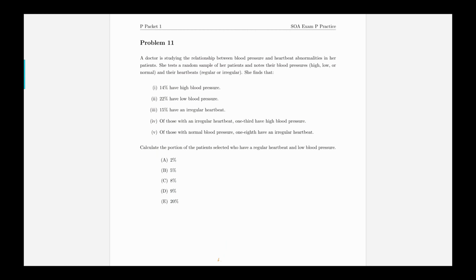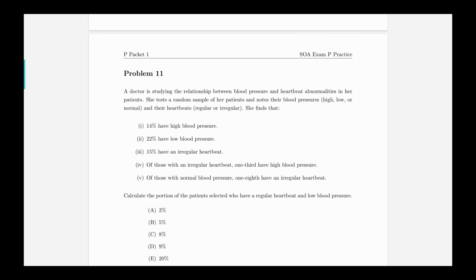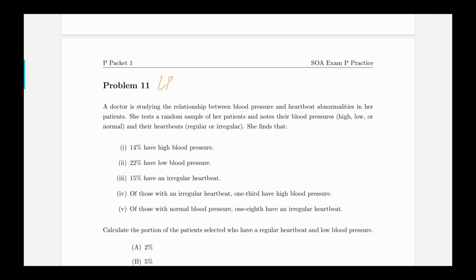Okay, so let's talk about the question. So question 11, it's basically about the probability basics, I would say. Okay, so we do have a lot of options here.